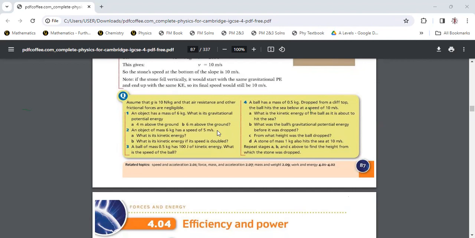What's the speed of the ball when you have a mass of 0.5 kg and 100 joules of kinetic energy? Do I need to change the 0.5 kg to the 9.8? No, not needed, because kinetic energy is 1 over 2 mv squared, so it doesn't concern anything with weight.